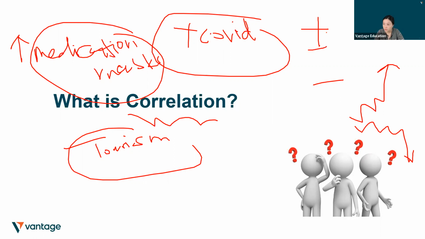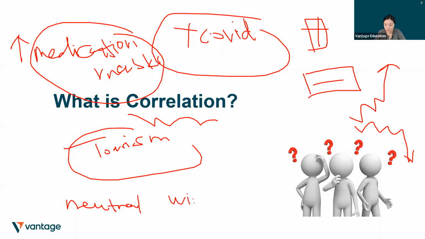So there is positively correlated, negatively correlated, as well as neutral. What is neutral? Maybe the amount of wine being taken. It doesn't relate. If I have more COVID cases, it doesn't mean people drink less wine. Or the sale of toilet paper or tissue paper. These are neutral, there's no correlation at all.